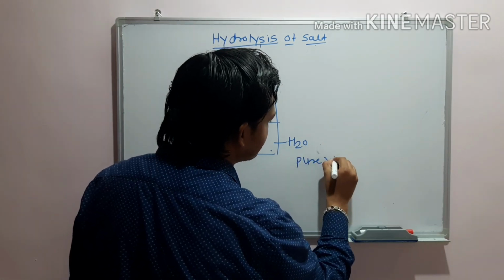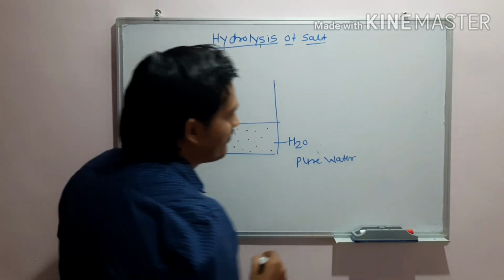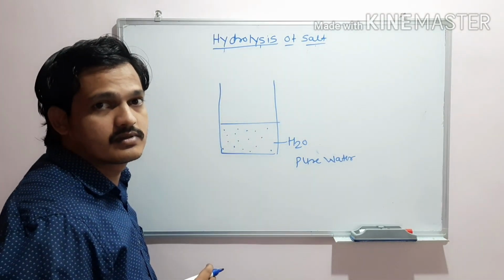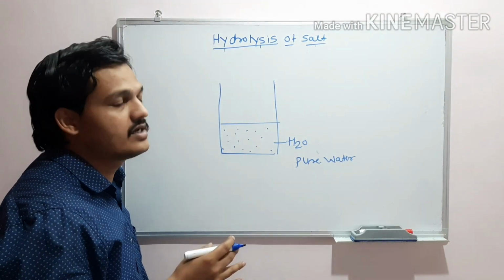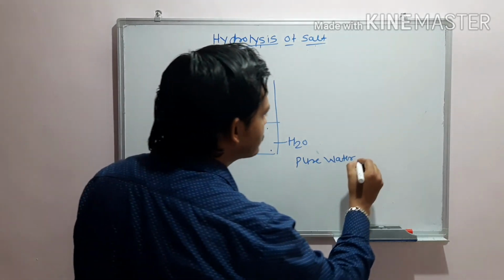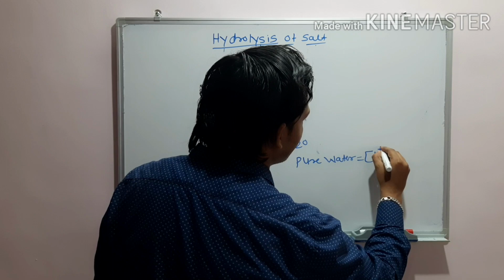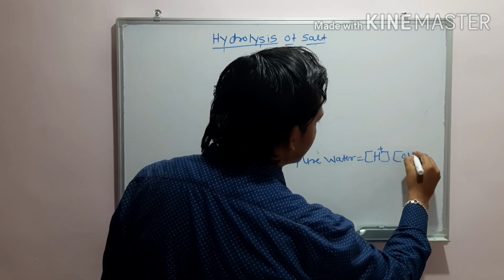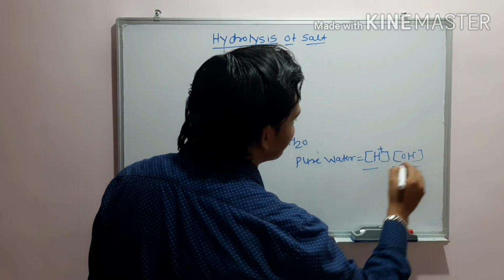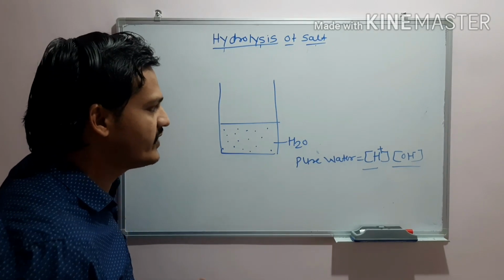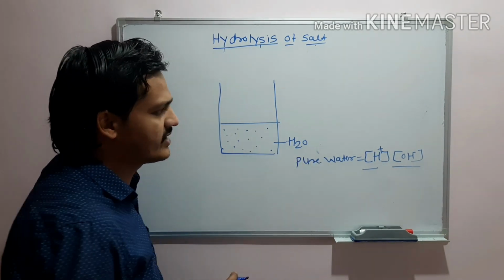Pure water is a bad conductor of heat and electricity. It is in equilibrium, with H plus ions and OH minus ions in equilibrium with each other in the case of pure water.